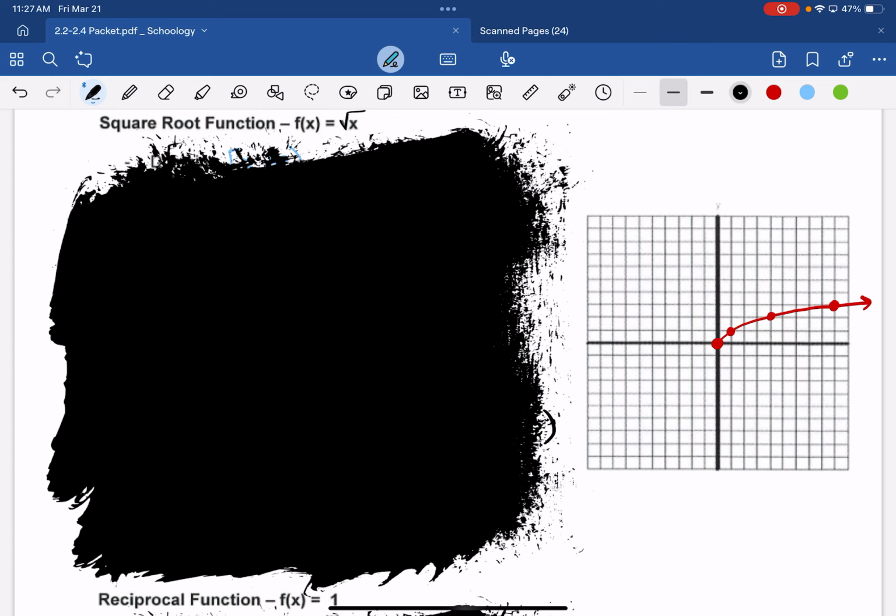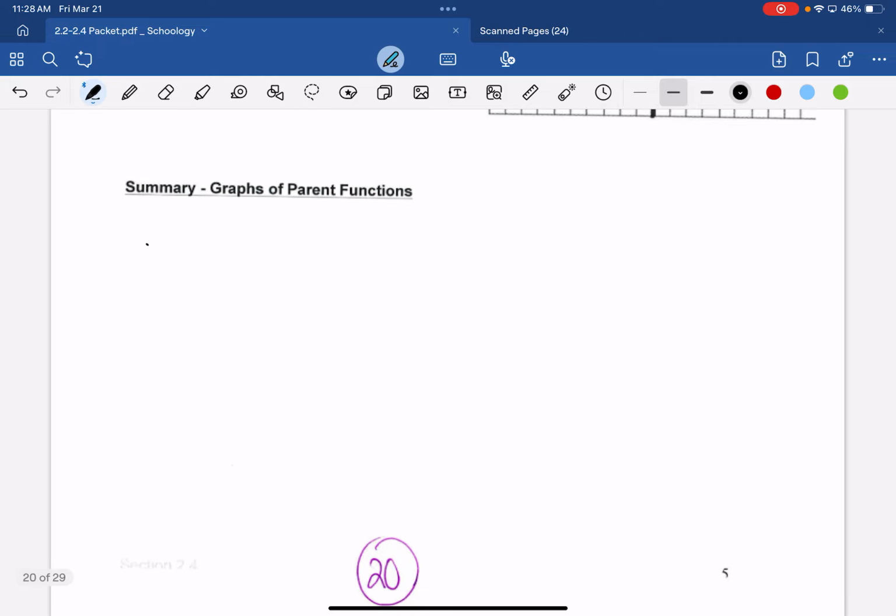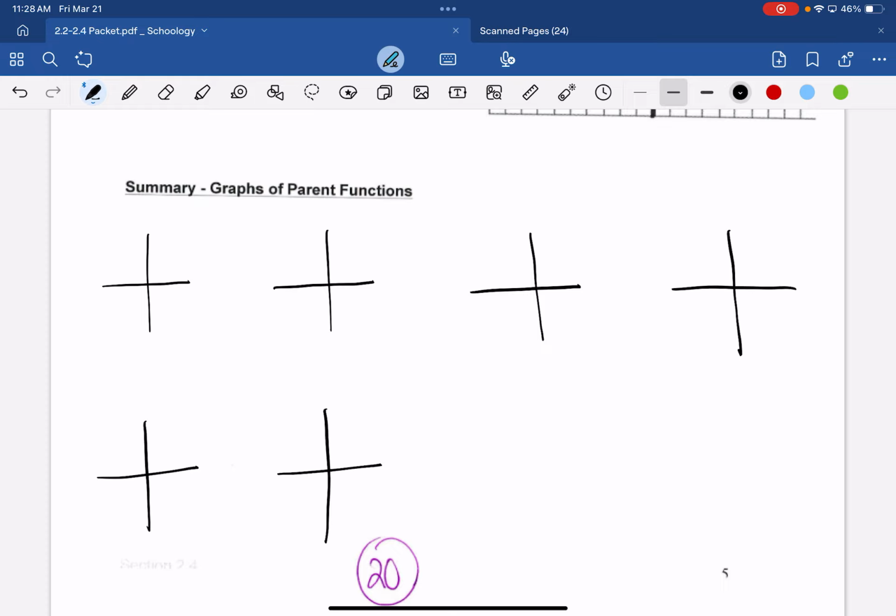So for symmetry, would it be like none? Mm-hmm. Curve line, right? Curve line.